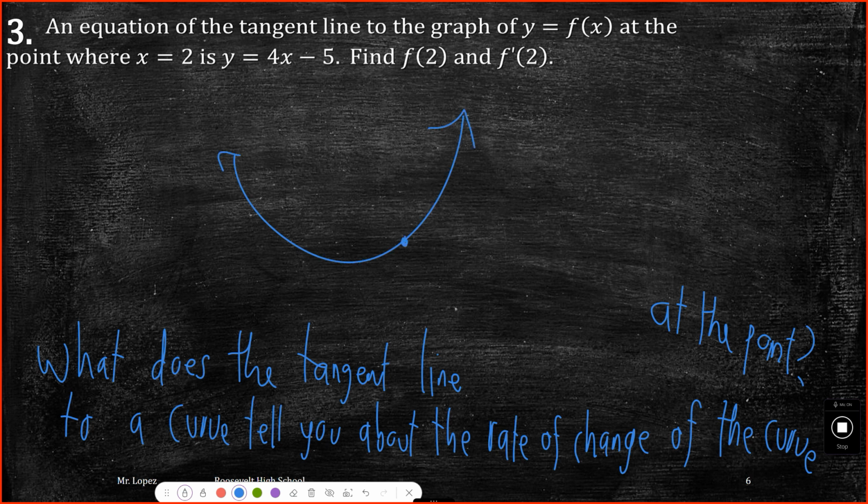What does this tangent line tell you about what's happening at this point for the curve? It's telling you the rate of change of the curve at that point. That's what the tangent line tells you.